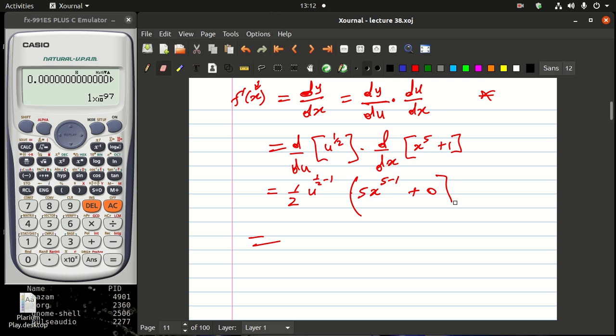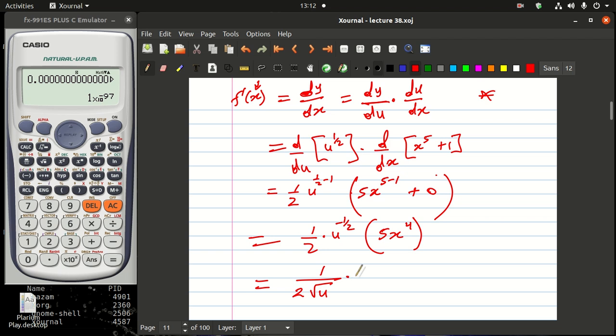And then if you look carefully into this, this one is going to be 1 over 2 times u raised to minus 1 over 2, and then the thing inside here is going to be 5 times x, 5 minus 1 is 4. The negative exponent needs to go to the denominator, so you end up having 1 divided by 2 u raised to 1 over 2, and u raised to 1 over 2 is still the same as root u.